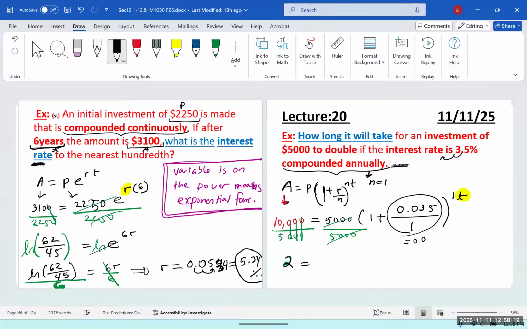So this is 0.035. If you add 1 with 0.035, what do you get? 1.035, and 1 times t is t. So everything is simplified. Now the problem is t is up in the sky. We have to bring it down.